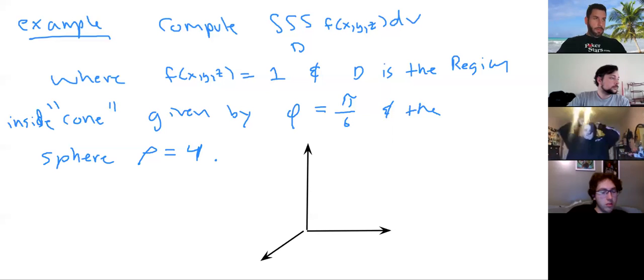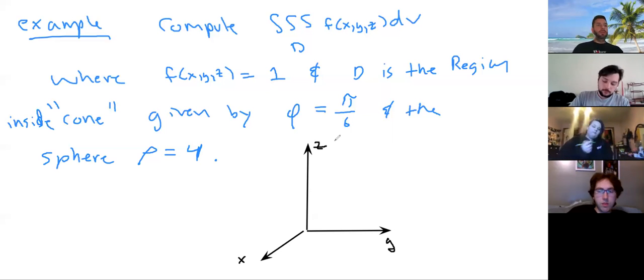Don't forget, if you remember on Monday, I messed this up slightly. I had a typo. This is X, this is Y, and of course this is Z. Remember, phi is the angle that is made with the Z axis. That's phi.